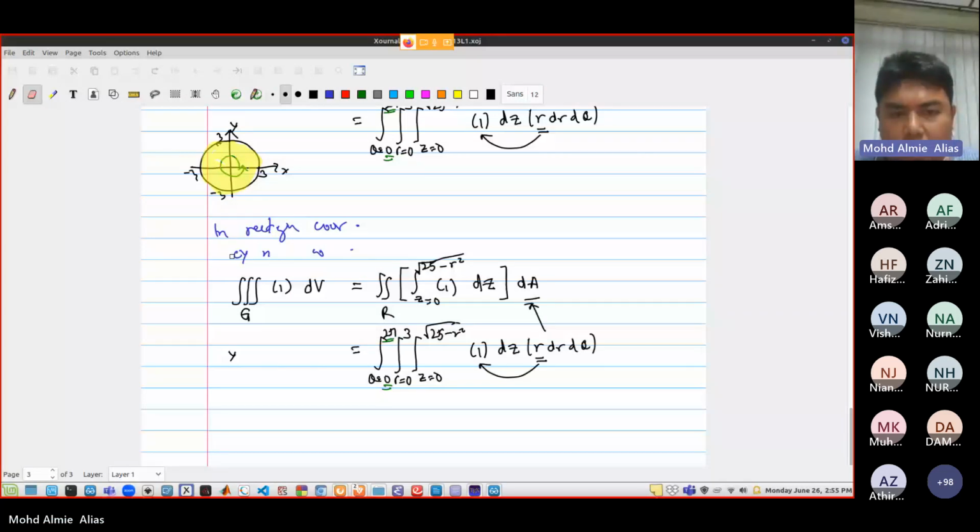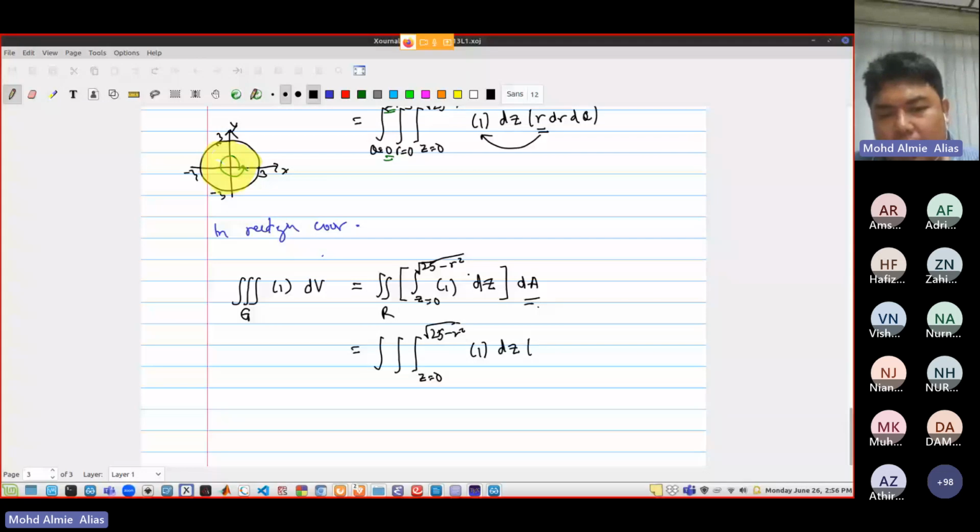It is actually the same because you're using the same z, but now this is different and this is also different. Okay, let's do it together. Now you just maintain the z. You don't change it because they are the same.